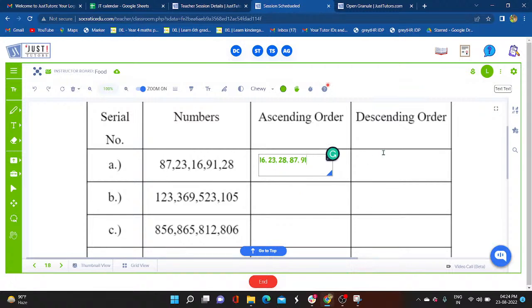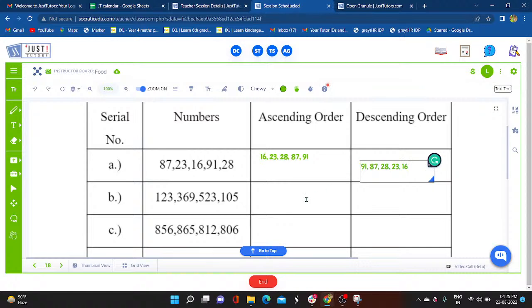Now in the same way, let's try the opposite way, descending order for the same. So we would start 91, 87, 28, 23 and 16.